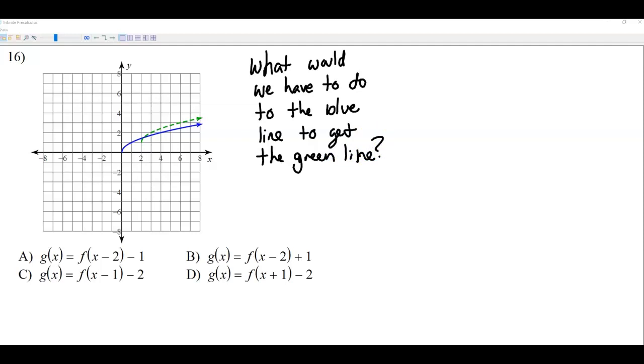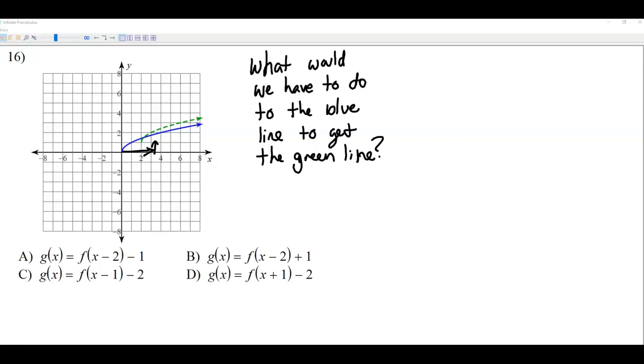Well, this blue line here looks like it's the same size as the green line. For instance, it goes over 1, up 1. This one still goes over 1, up 1 to get from one point to the other. So it doesn't look like it's been stretched at all to me. But it does look like it got shifted over 2 spaces and up 1 space.